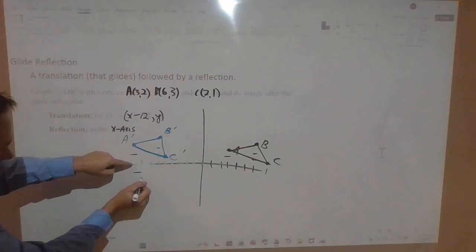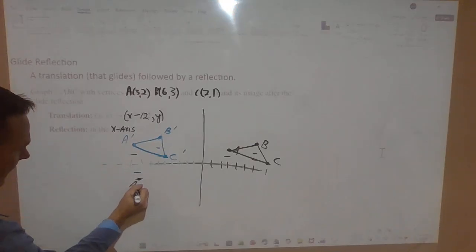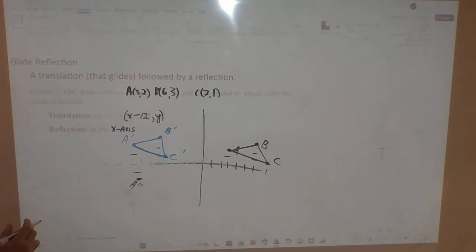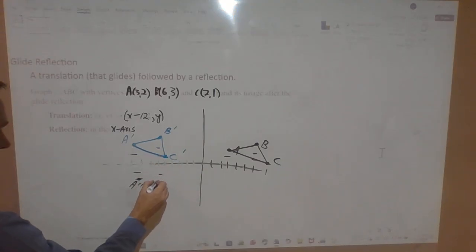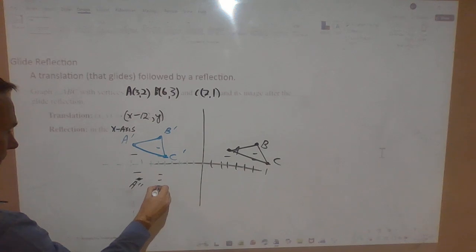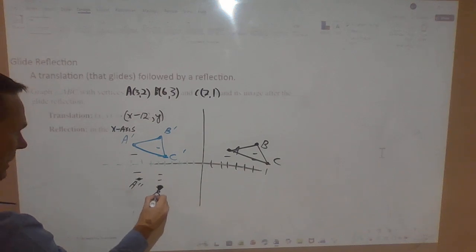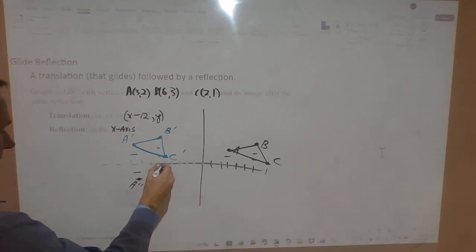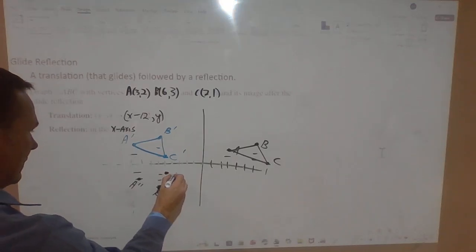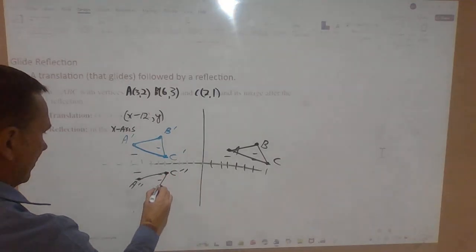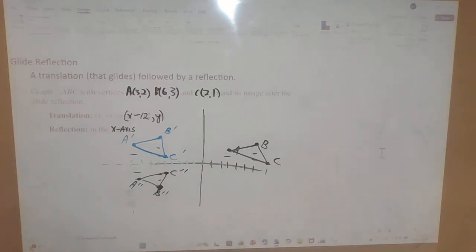So we drop this down 2, and there's point A. I'm going to call it double prime. Point B is 3 units above the x-axis, so I have to drop it 3 units below. So there is B double prime. C is 1 unit, so I drop it down 1 unit. And there is C double prime also.